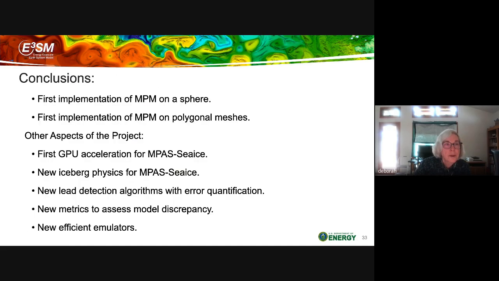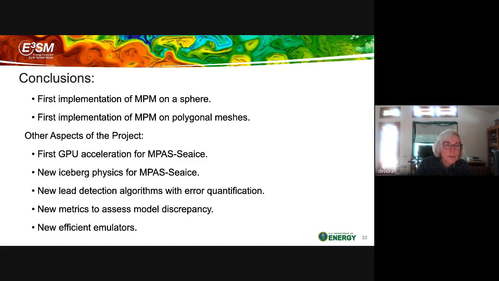All right. So to wrap up here, what we have is the first implementation of MPM on a sphere, and actually the first implementation of MPM on polygonal meshes that I'm aware of. And I've shown performance of the algorithm on idealized tests and a comparison study on global simulation.